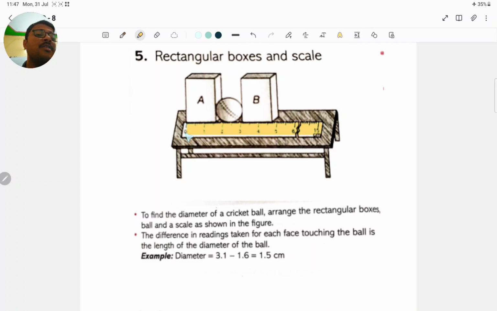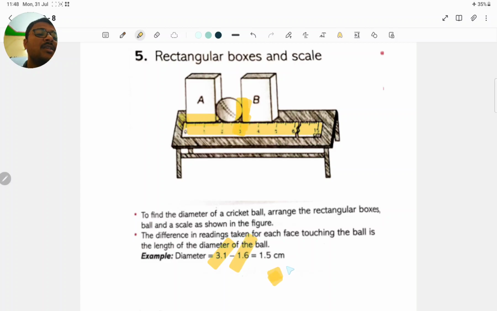First of all, you have to count the length from 0 to the end of the B rectangular box. That is 3.1. Next, from the first point of B to the second point of A, that is 1.6.